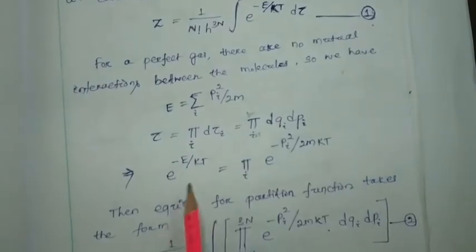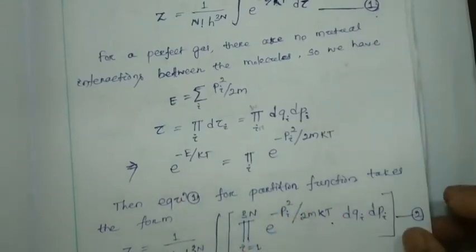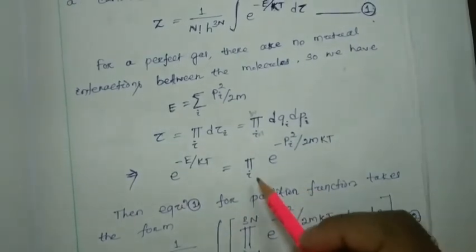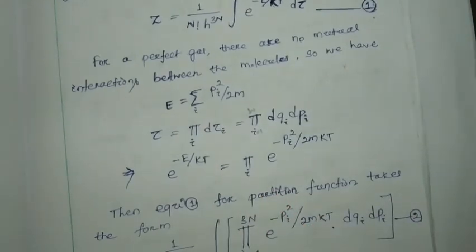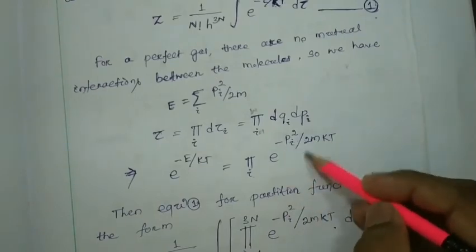So that implies e to the power minus E by kT will be equal to the product over i of e to the power minus pi square by 2m kT.